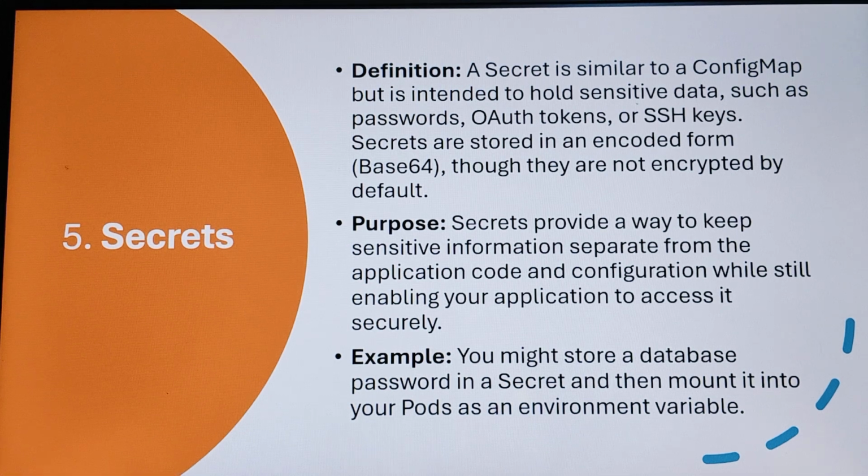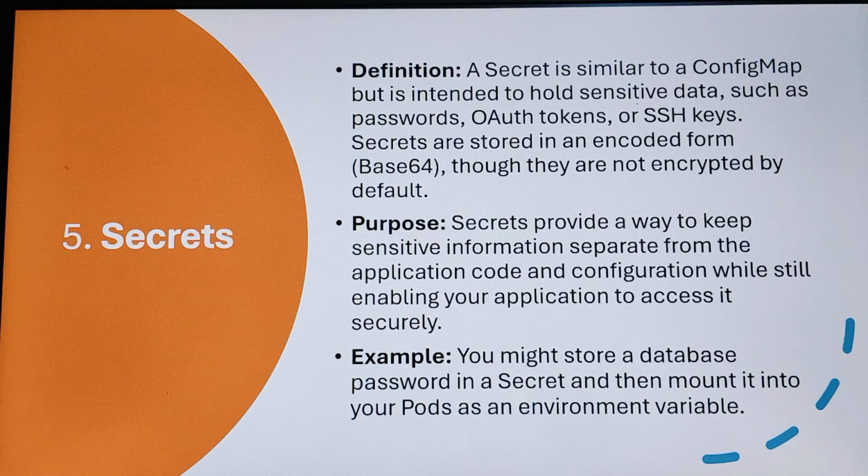Finally, let's talk about secrets. Just like config maps, secrets store configuration data, but the difference is secrets are specifically designed to store sensitive information like passwords, API tokens or private keys. While config maps store plain text data, secrets store encoded data, though keep in mind it's not encrypted by default.